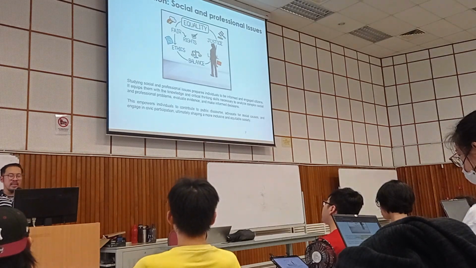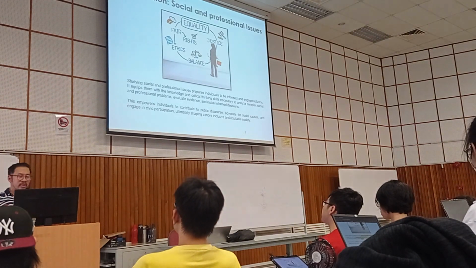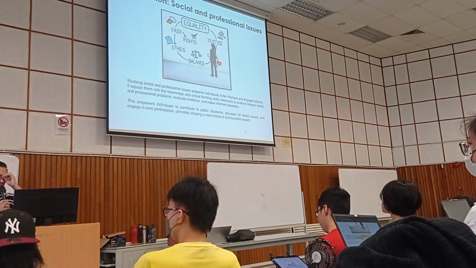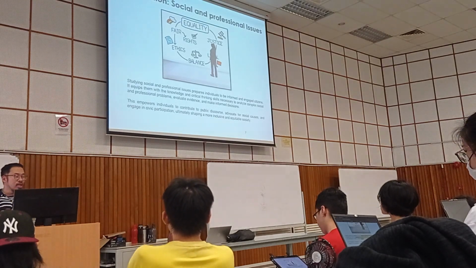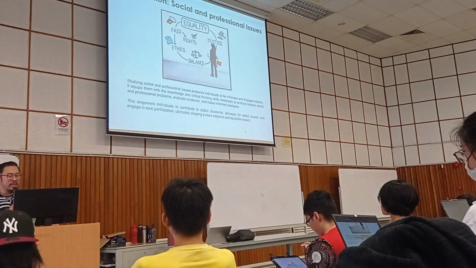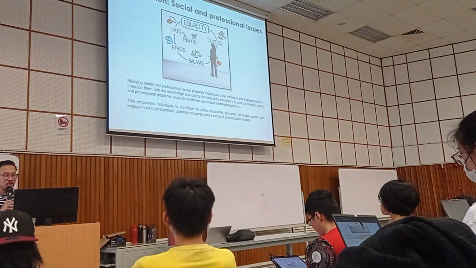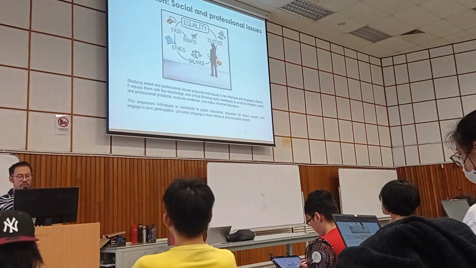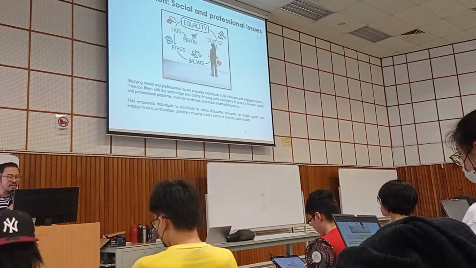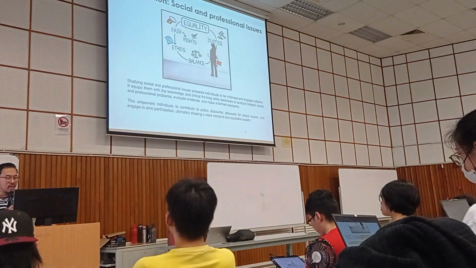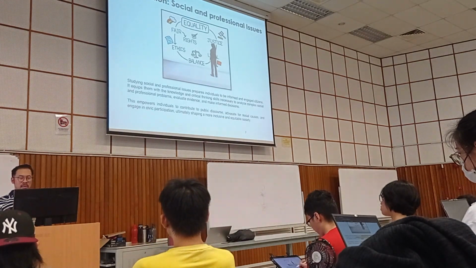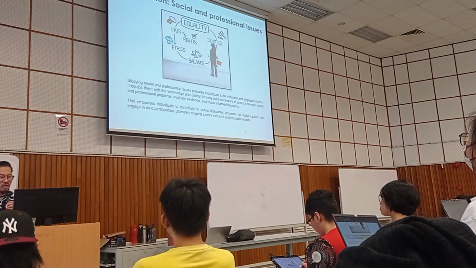Right. So basically, this is to empower individuals to contribute to public discourse. Okay, to public discourse, we advocate for social causes and engage in civic participation, which ultimately shapes a more inclusive and equitable society.